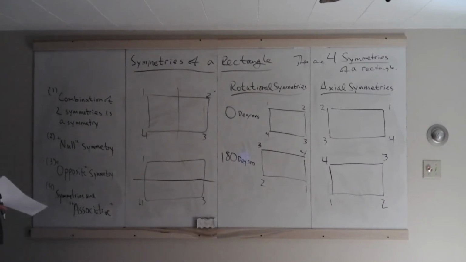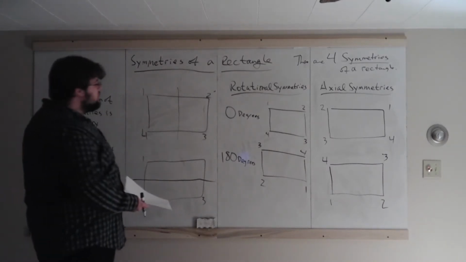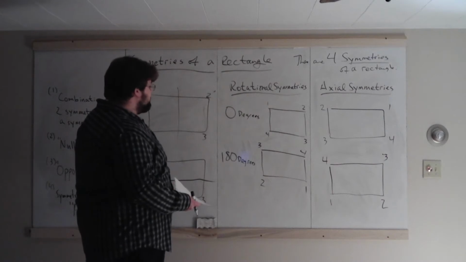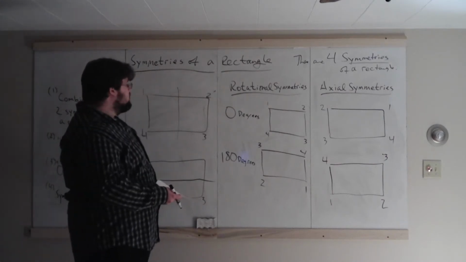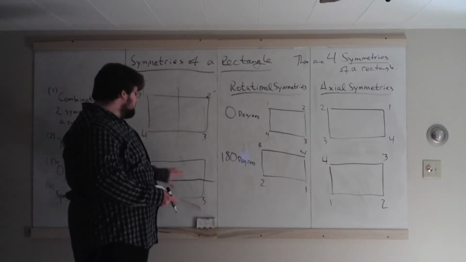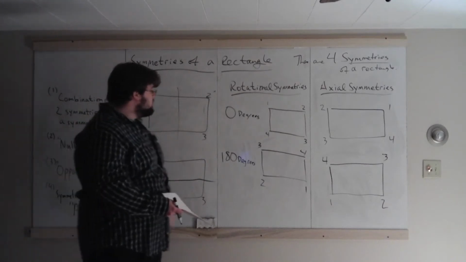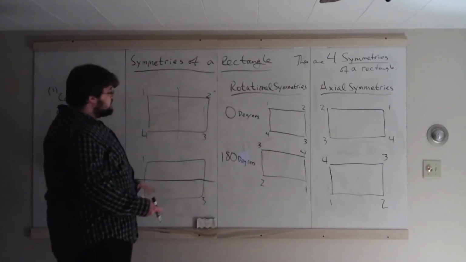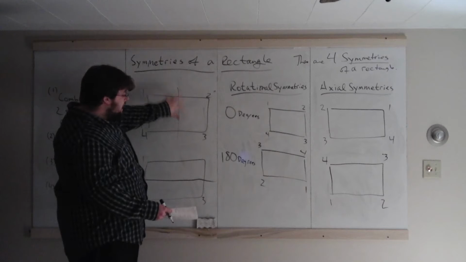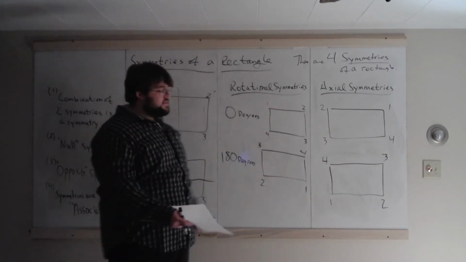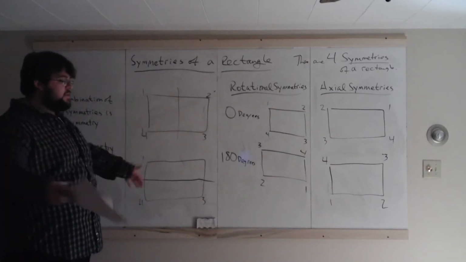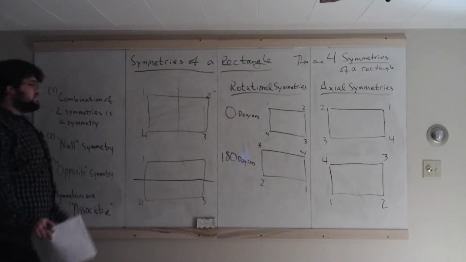Symmetries are associative, and the associative property is kind of annoying, but if you do one of these, then this, then that, it's the same as doing this after doing that, then that. I mean, it's the associative property. ABC equals ABC with the parentheses moving around. I'll just say it works here.